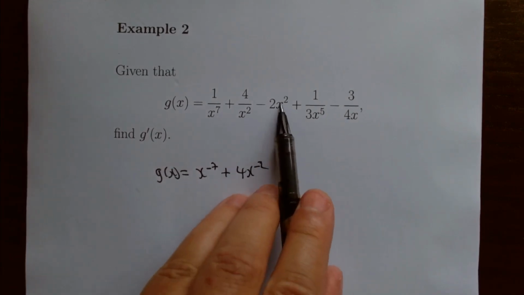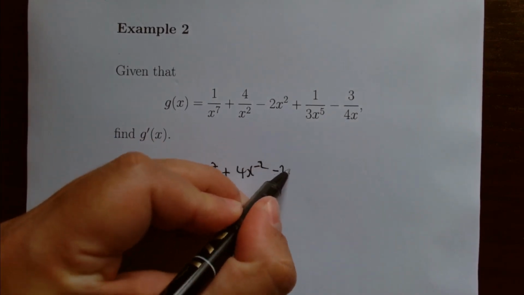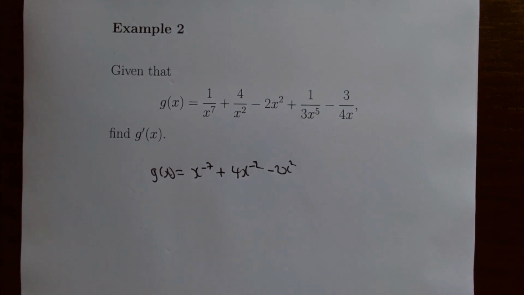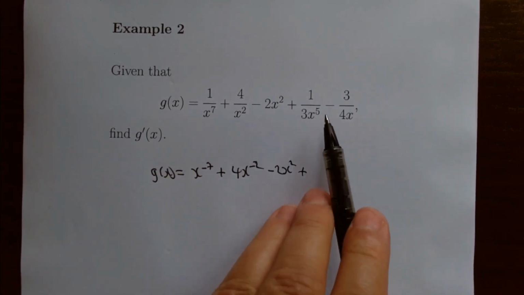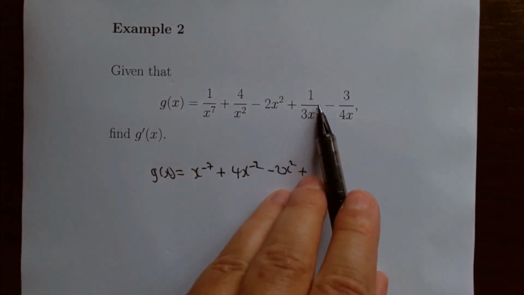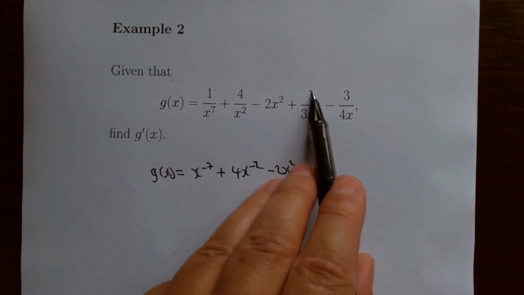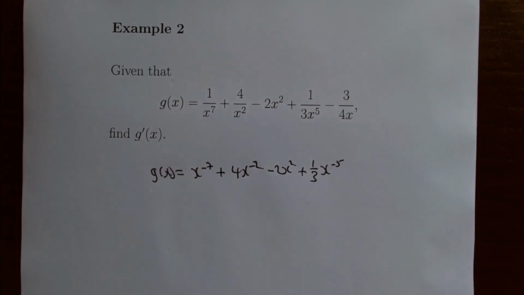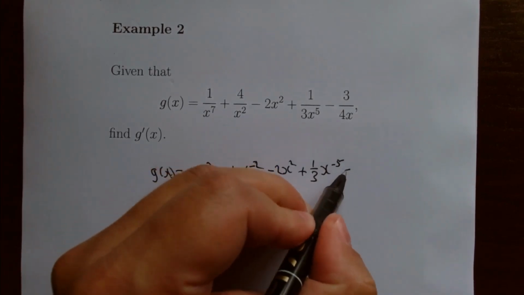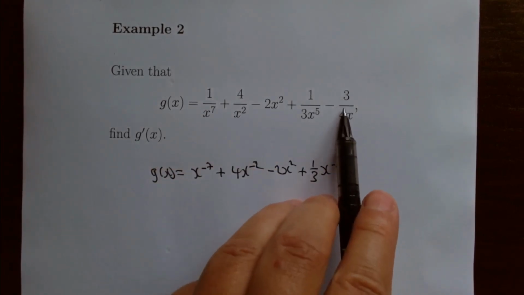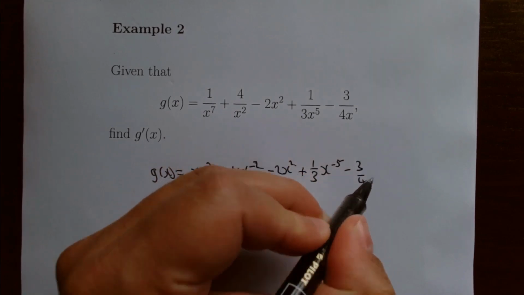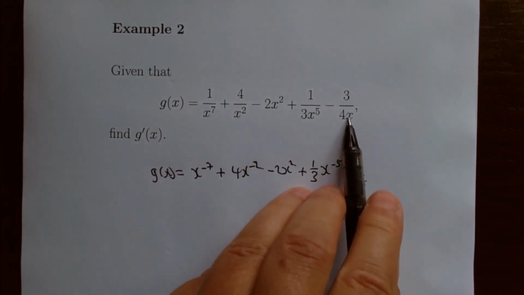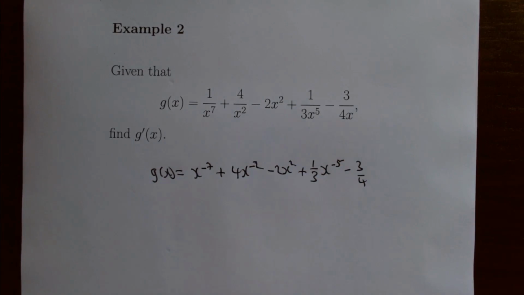The next term we just copy, there's nothing to do for that one. And this term we just have to be careful that the 3 doesn't come up with the x, it stays where it is, so that's a 1/3 x to the minus 5. And here we have a negative 3/4, and the x, when it comes up, becomes x to the minus 1.